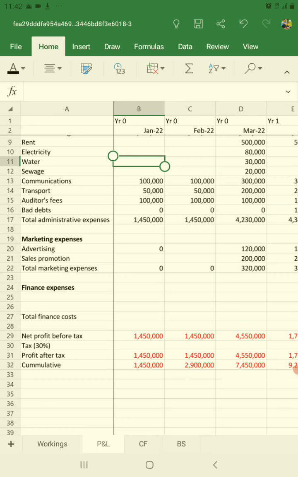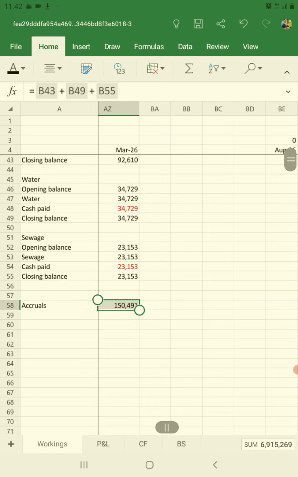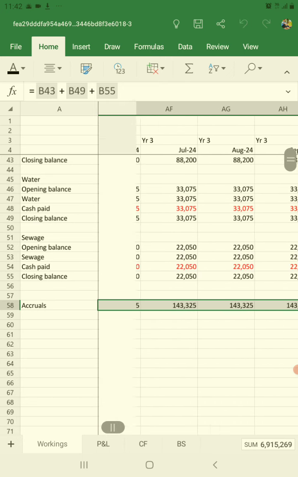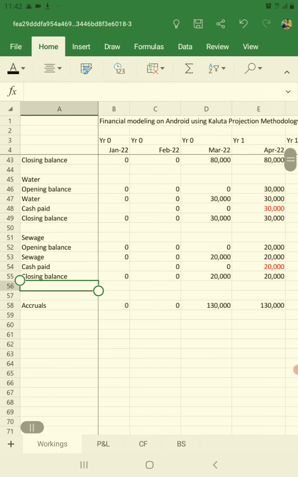Okay, in this case, auditor's fee. So let me go back to workings and insert some rows here to accommodate modeling for auditor's fee.